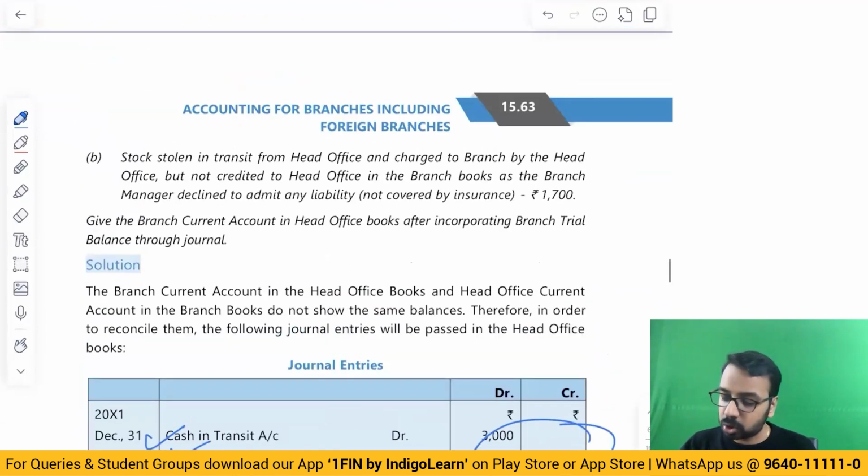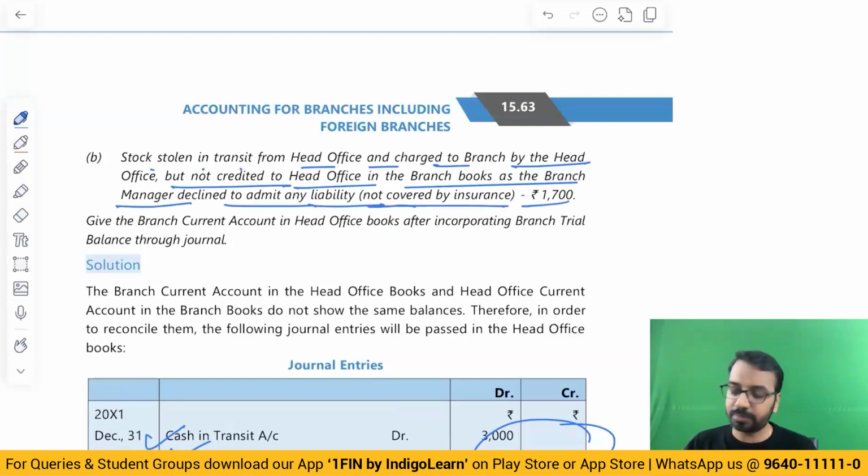Then stock stolen in transit from the head office was charged to the branch by the head office, but not credited to the head office in the branch books, as the branch manager declined to admit any liability not covered by insurance, 17. So basically there was a loss in transit.